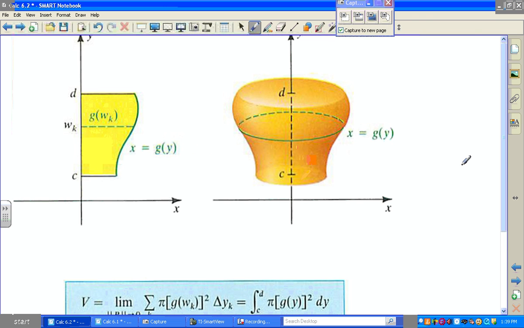I'm going to ask a quick question. The axis of rotation is the y-axis. My rectangle goes to the y-axis. So how would I set up my integral to find the volume of this graph rotated around the y-axis?